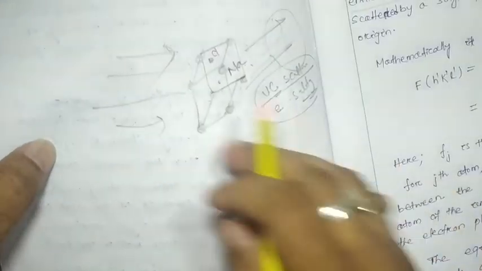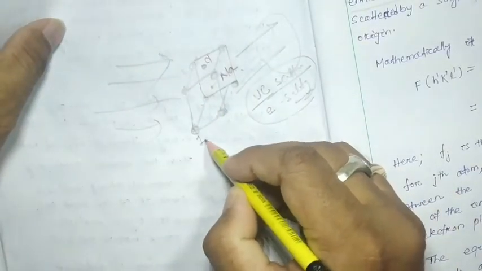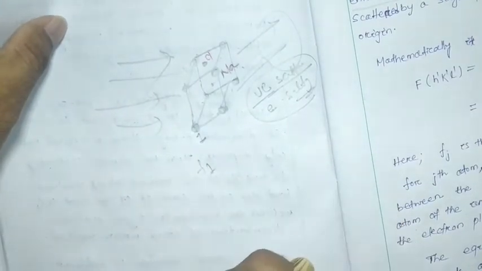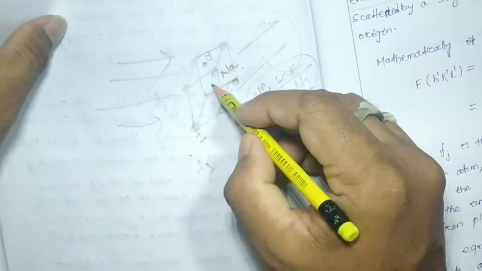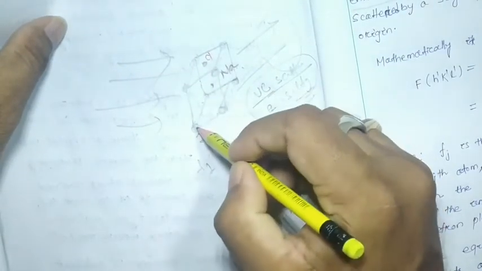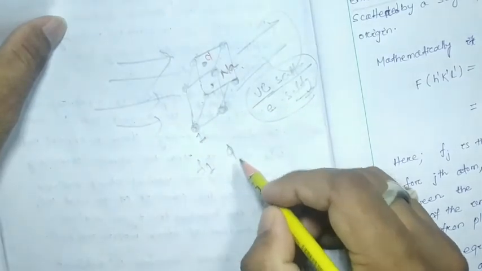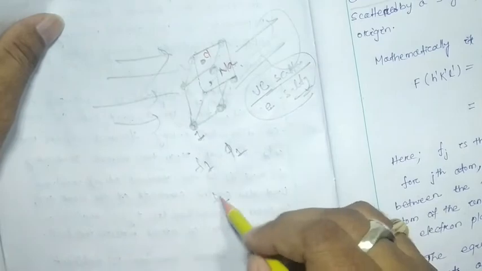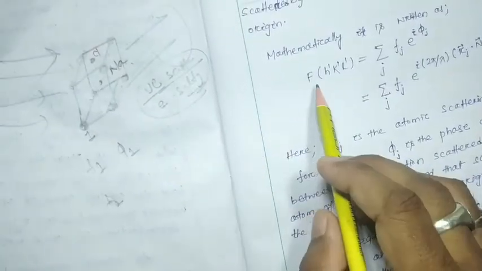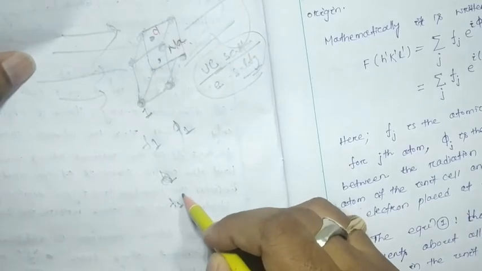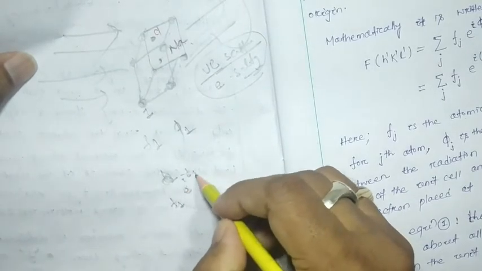Suppose we consider this atom, number 1 atom. It has atomic scattering factor F1. The phase difference between the electron and this atom will be phi 1, so it can be written as F1 e to the power i phi 1.